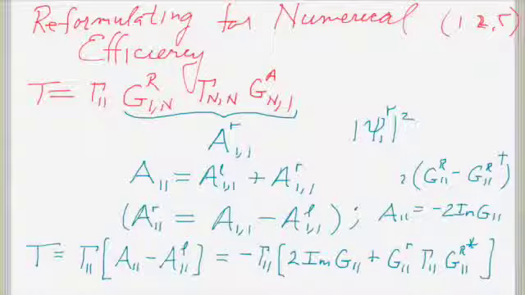It's less efficient if you have to get far off-diagonal blocks. So that's one way we can rearrange the equations, using these relationships between the spectral functions and the Green functions, and the fact that A is A^L plus A^R.